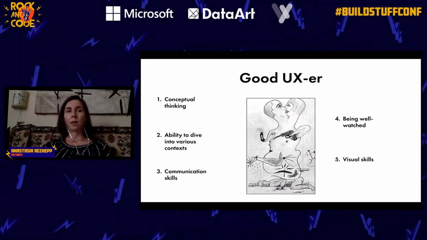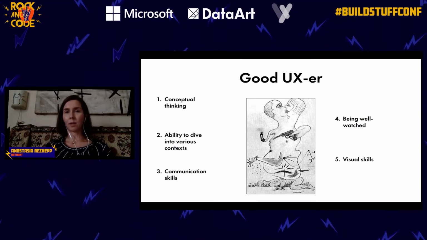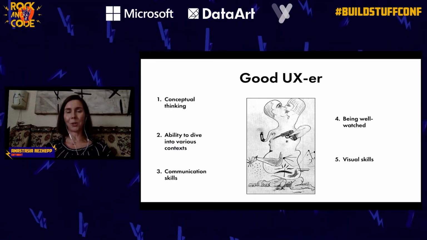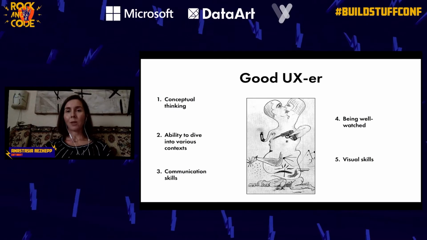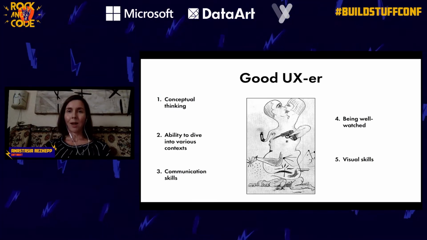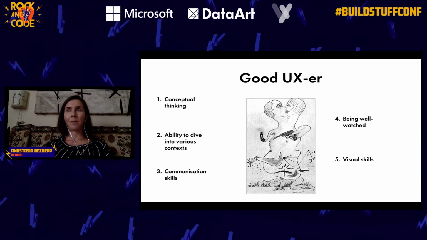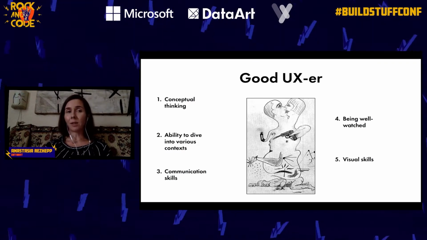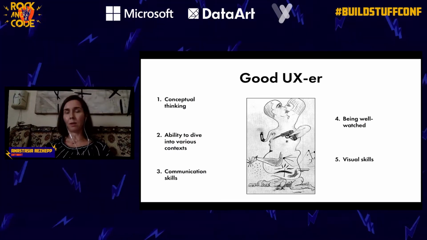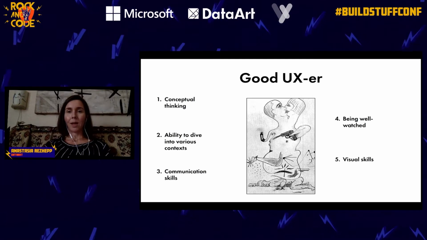And here are the parts of the UX body that I'm going to talk about. So you can see that there are 5 different sections. I will describe all of them briefly and then give some practical advice on how to develop them in yourself or in somebody else.